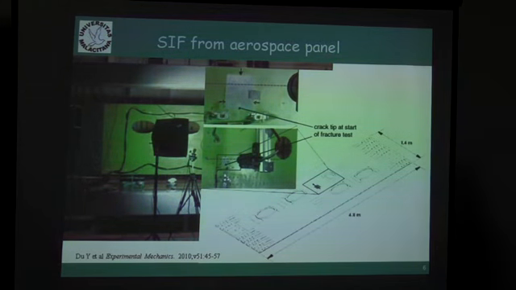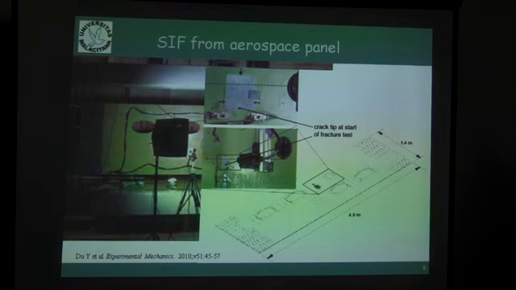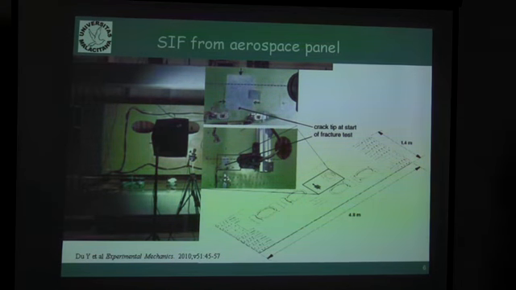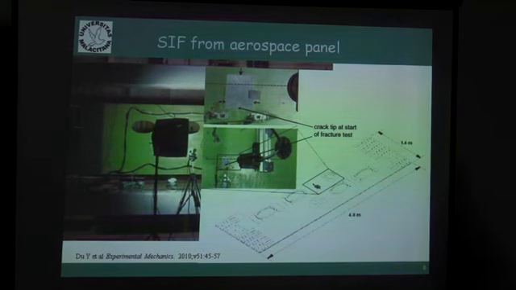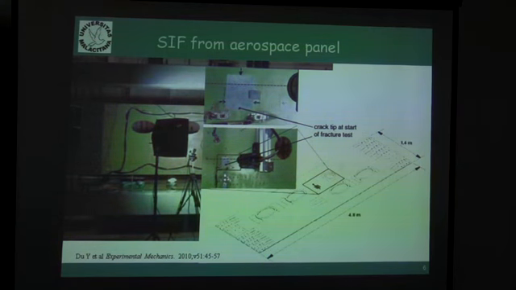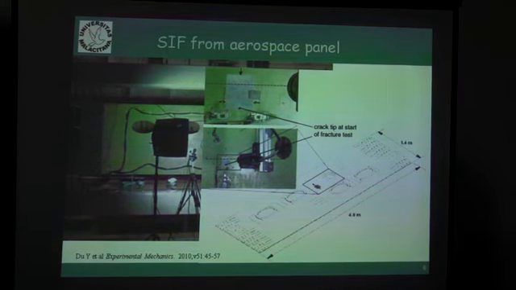And finally, it has also been applied to evaluate the stress intensity factor in a real aerospace component.